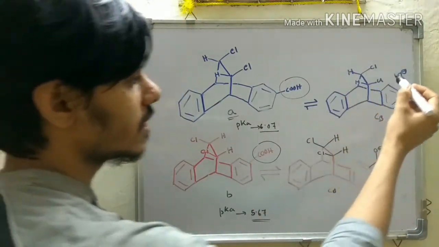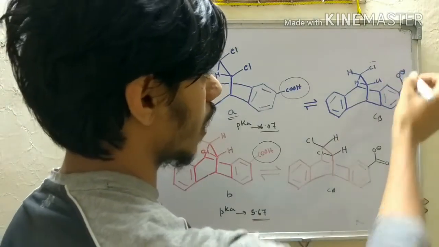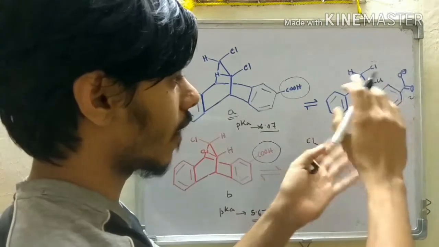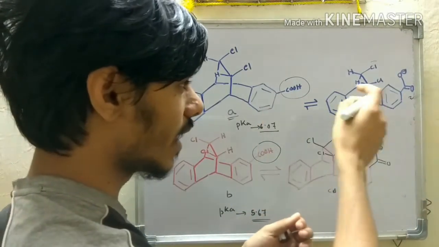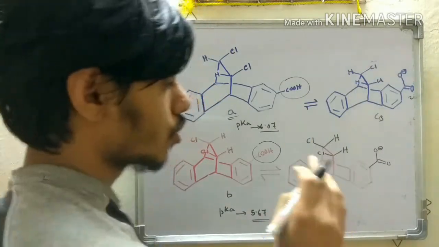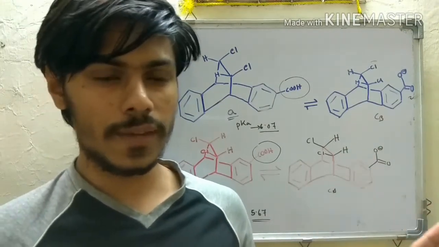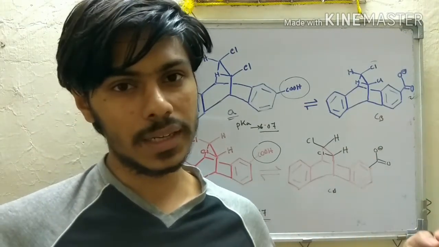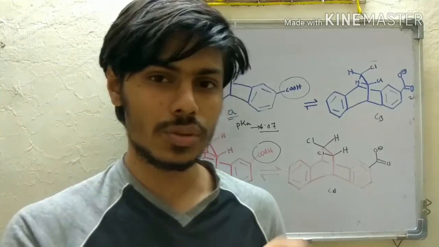So you can see in this case the chlorine atoms are on the same side of the carboxylic acid group. Although they are far apart and there is no direct interaction between them, still there will be influence. You know about two effects in the stability of reactive intermediates. Number one is the inductive effect, which is through the sigma bond.